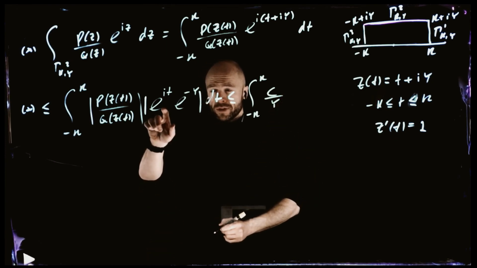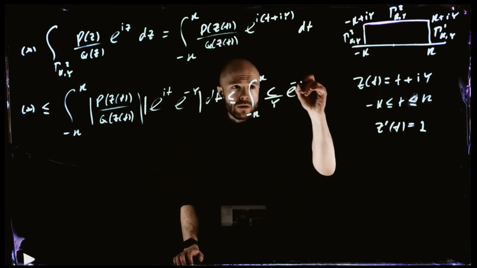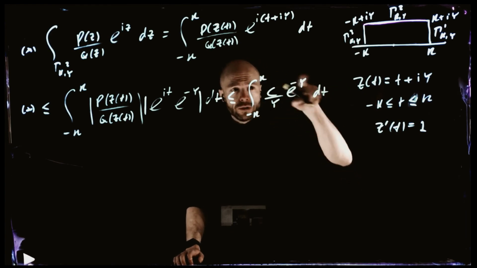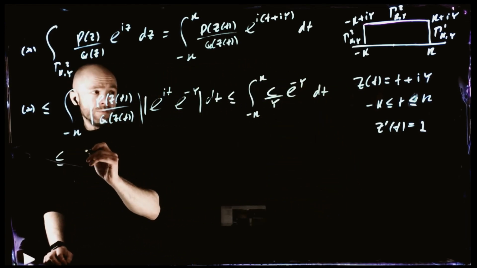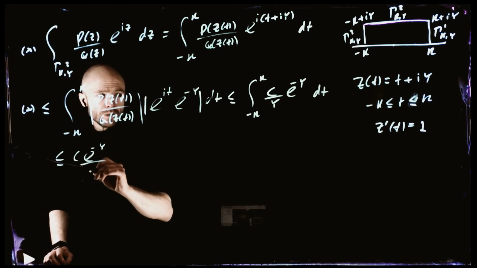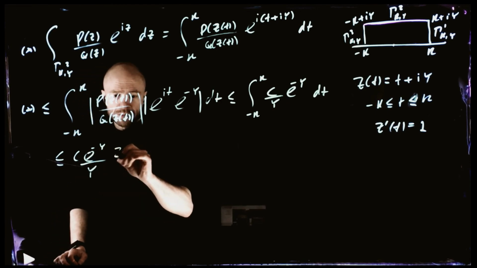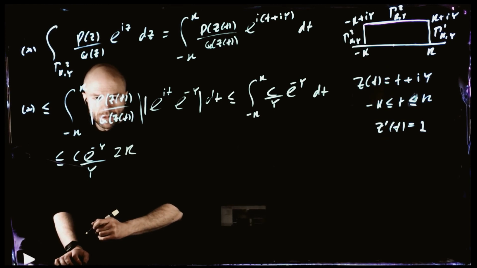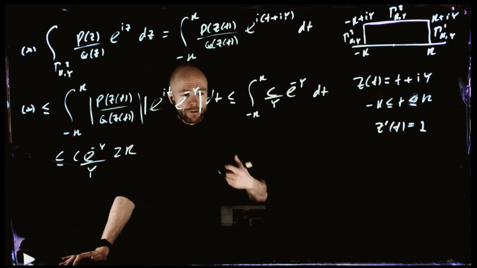Take the absolute value of this thing, this is just a unit vector, so then this is just e to the minus y. And then this is dt. So these things all together are just constants. So then this is less than or equal to c e to the minus y over y, and then just times 2r.